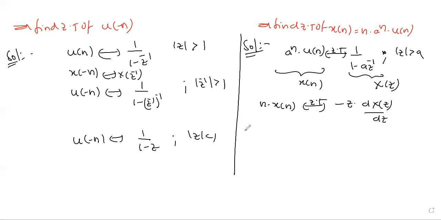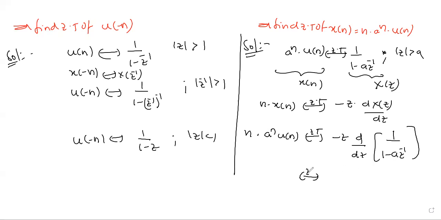So here n into x of n, where x of n is a power n into u of n. So the z transform will be minus z into d by dz of X of z, which is 1 by 1 minus a z inverse. That is, its z transform is minus z into d by dz of z by z minus a. This is the u by v rule we have to do. The u by v rule we have to apply to solve this. Okay.